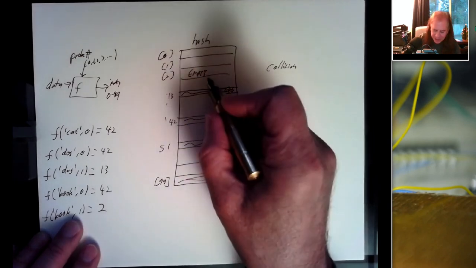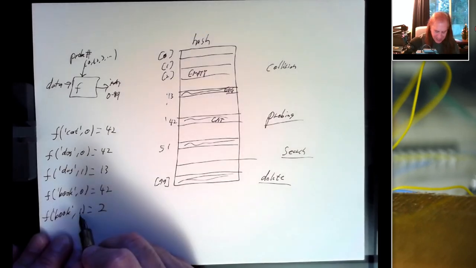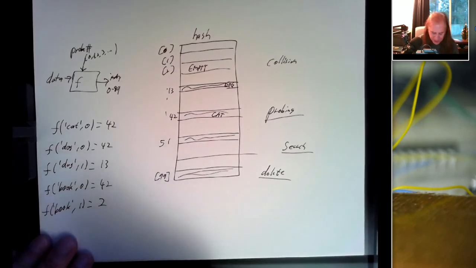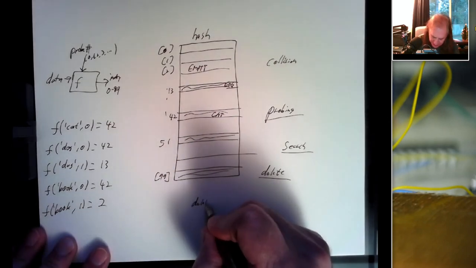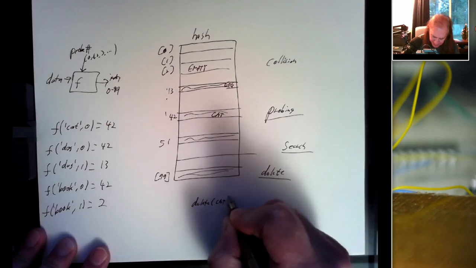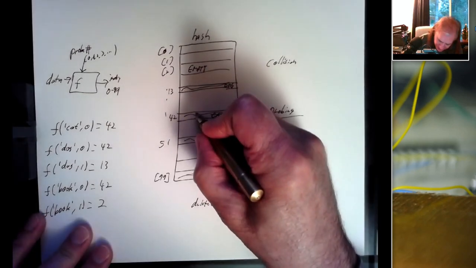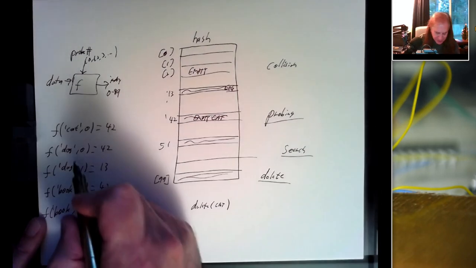Right? Now if there was something else stored here, it's possible I got a collision when I tried to store, and I would have to rehash with a probe of 2. But this is where deletion gets complex. Suppose I try to delete the cat from the table. Well, if I delete this and I mark this empty, what happens when I search for a dog?